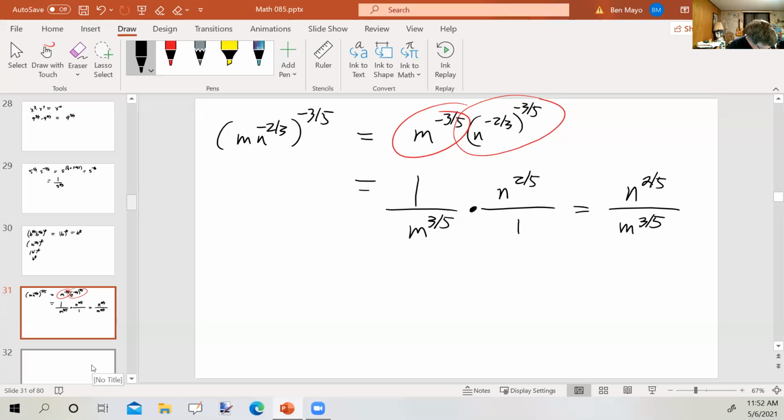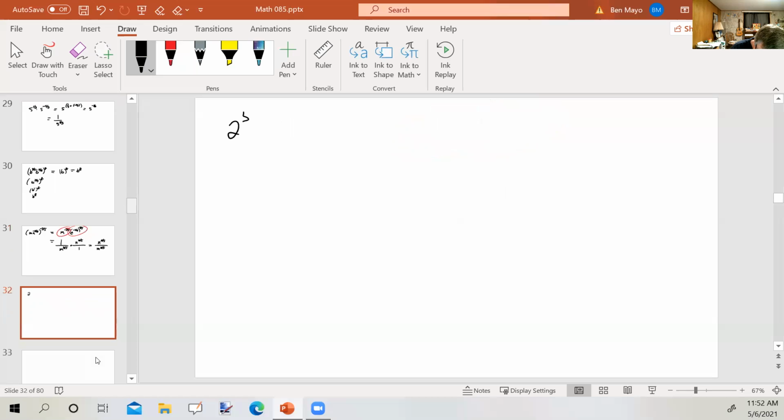Now let's see here. 2 to the 5/6 power times 2 to the 1/3 power divided by 2 to the 1/2 power. So we're multiplying and dividing with the same base. Multiplying two powers with the same base, we add the exponents.